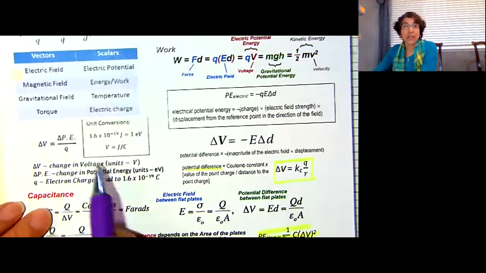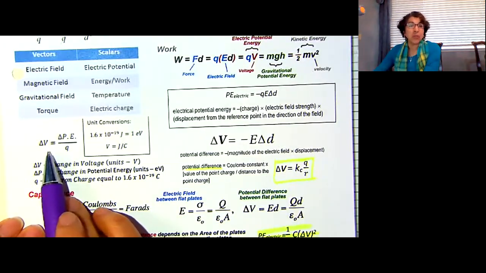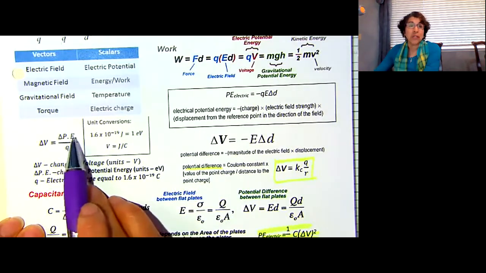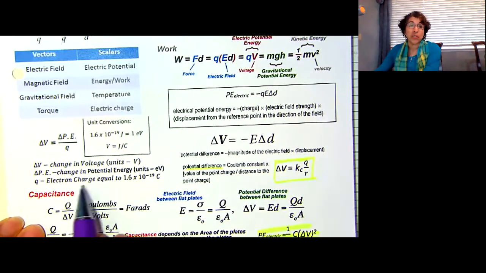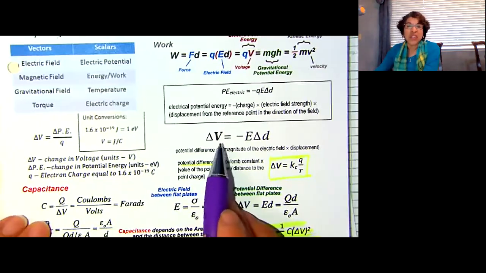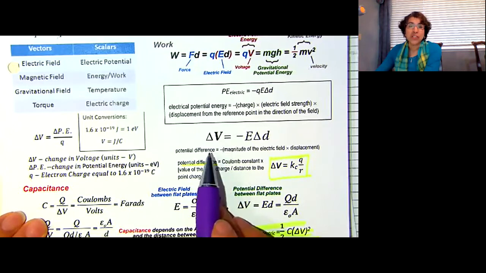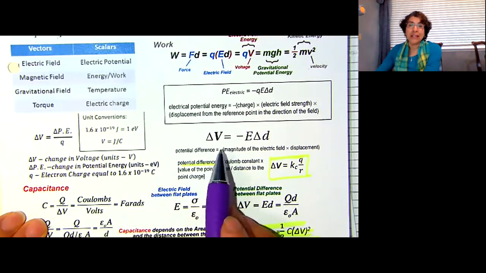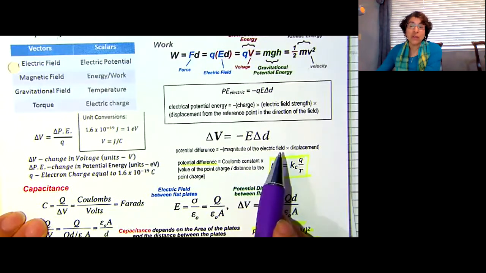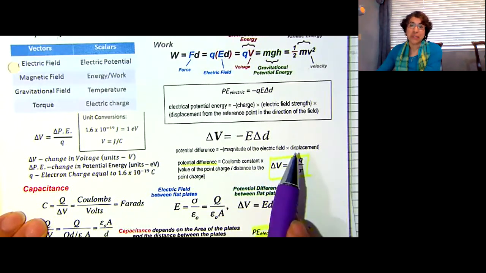Change in voltage, the potential difference, is the change in potential energy divided by Q, the electric charge. The change in voltage is also equal to the magnitude of the electric field times the displacement.